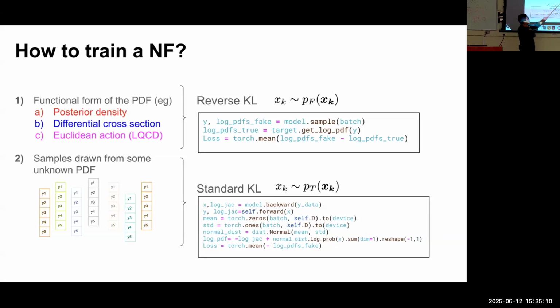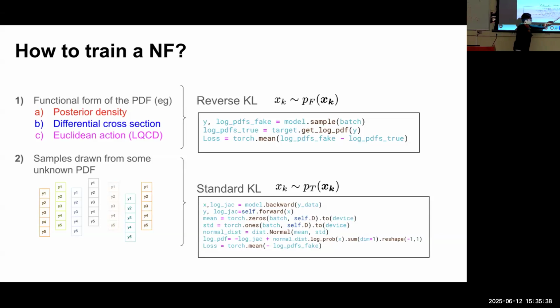Then it will return your samples and the associated log probability. You can take these samples and feed them into a target probability that you might have here so that you can evaluate the true probability associated with this. And you compute this distance, the mean, and this is your loss. So it's just 3 lines of code to construct the metric, a very simple one.